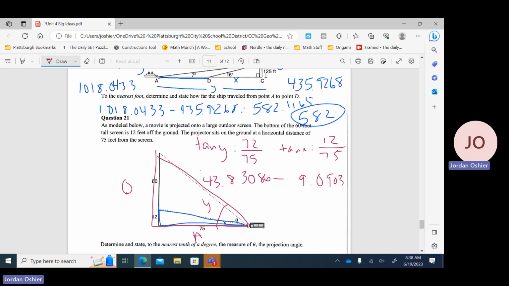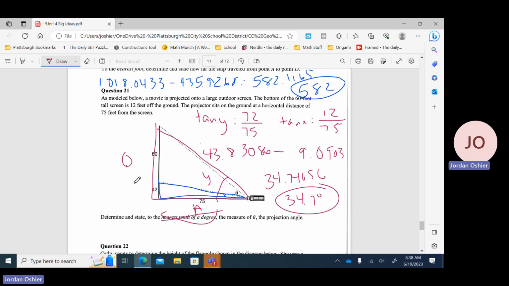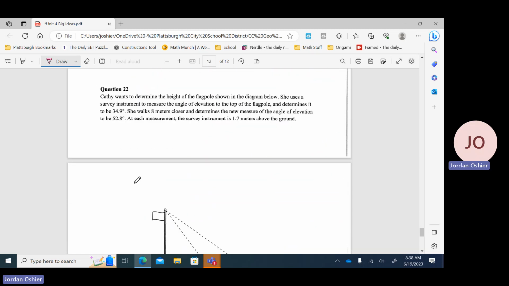Okay, so 43.83086, and then I'm subtracting that from 9.0903. I get 34.7. It wants it to the nearest tenth. So 34.74056. That would be 34.7 degrees. So same thing, but they did it with an angle, whereas we've done it with distances a lot.